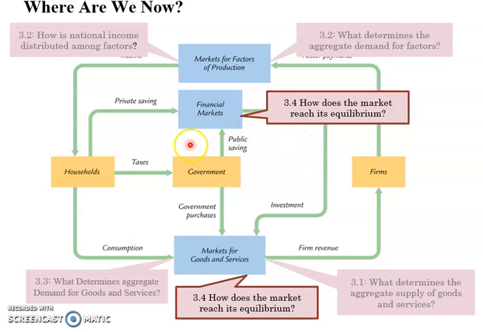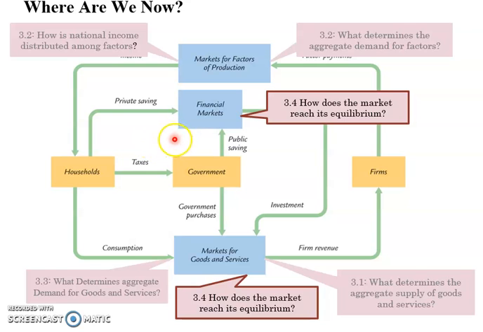Okay, and from this circular flow diagram, we already said at the beginning of the chapter that if households do not spend all their income, in other words, they save part of their income, then they would like to put their financial resources onto this market, right? That's the so-called private saving, because this is saving from the private sector, okay?